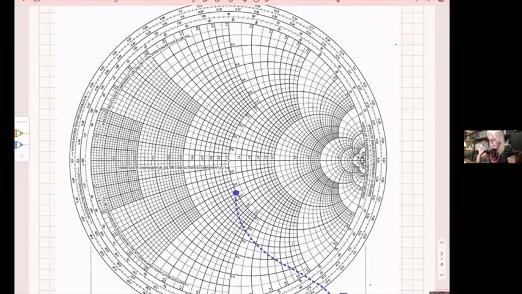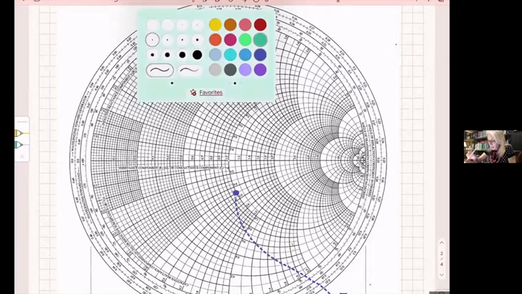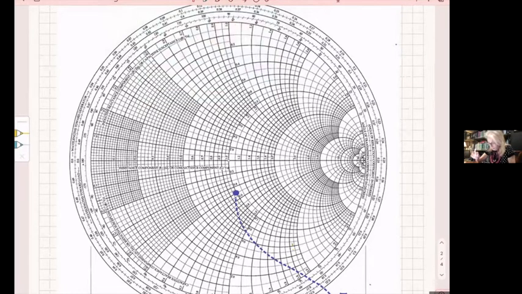Okay. So if you want to work with impedances, you have then to transfer the admittance into an impedance, which means that I will find the circle of the transmission line number 3.